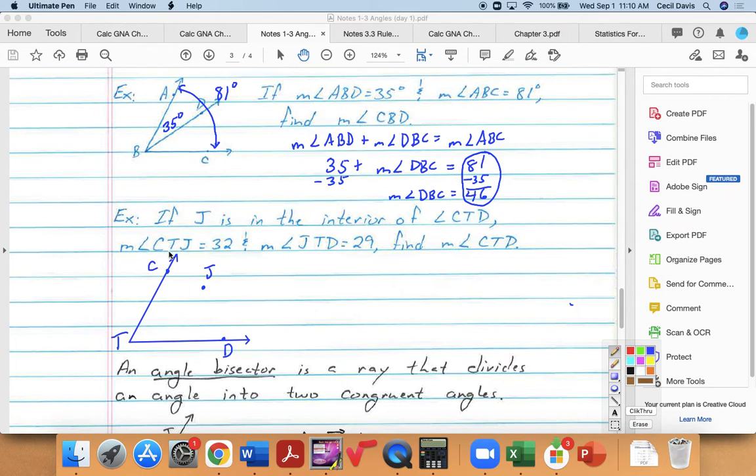J is in the interior of angle CTD. Then it tells me the measure of angle CTJ. Well, I need to draw in ray TJ in order to have angle CTJ. So that's 32. JTD is 29.